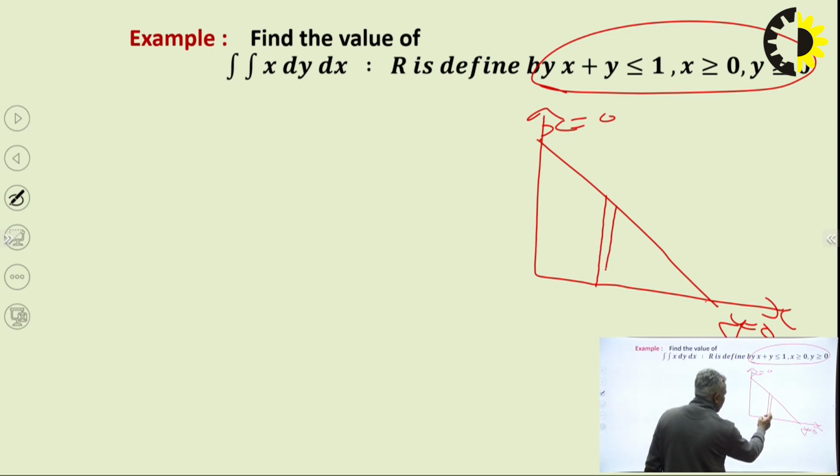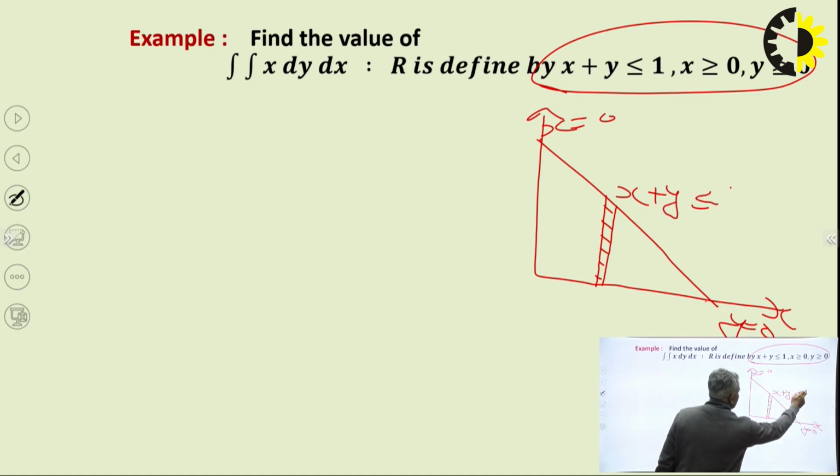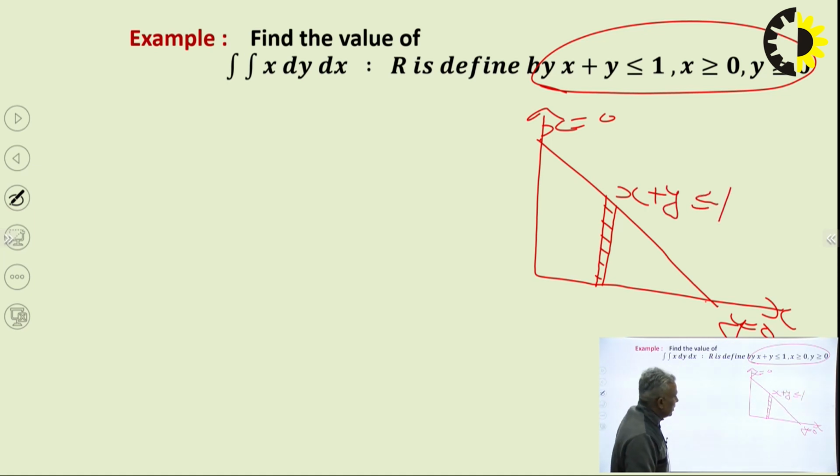Students, keep this in mind very carefully when we take the limit. This is x plus y less than or equal to 1. The strip is parallel to the y axis, and the lower part of this strip touches the x axis.